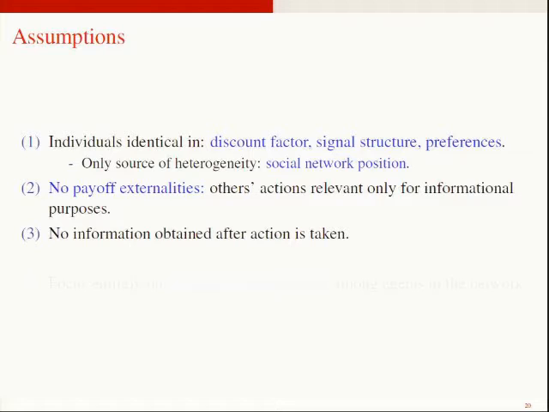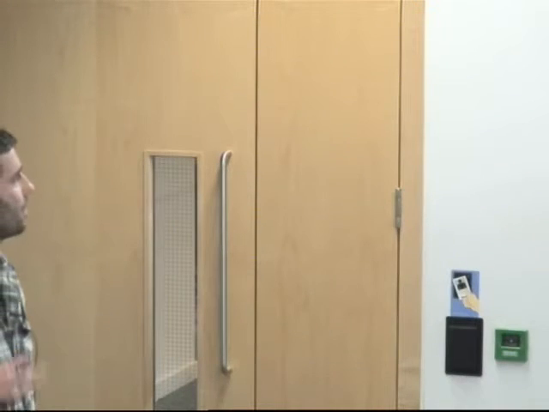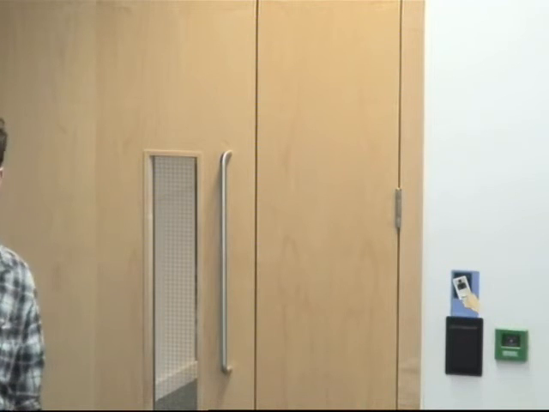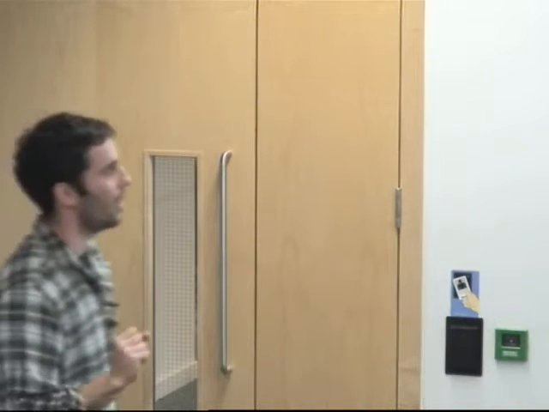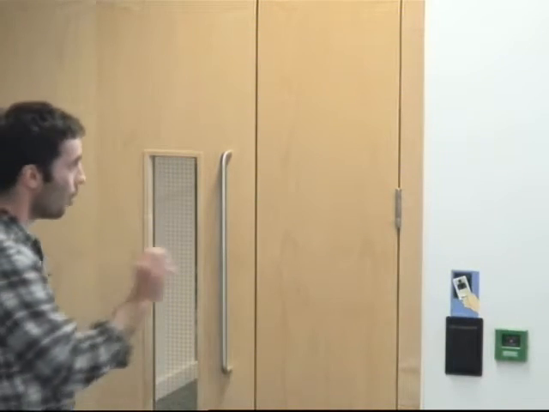We make a few assumptions. The first, we assume that individuals have the same discount factor, have the same signal precision, and they have the same preferences. Okay, they all prefer to go to Greece versus Italy if they had complete information over everything. Okay, the only source of heterogeneity among the agents is where they are located.